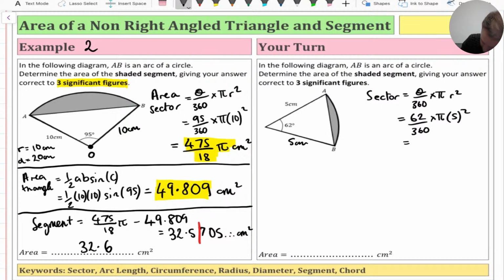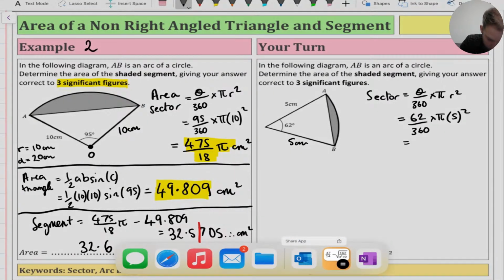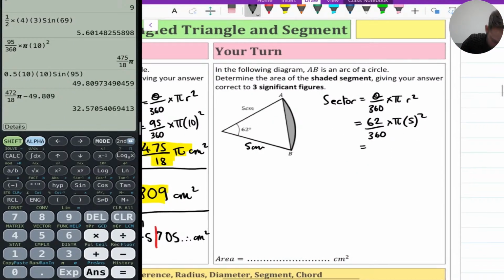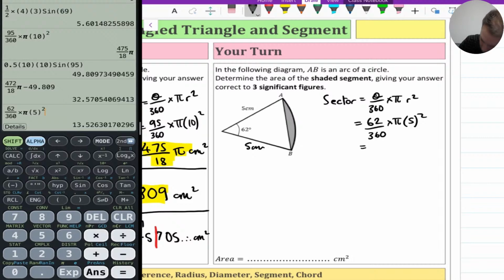Let's just quickly work out what that is. So 62 over 360 times pi times 5 squared is equal to 13.526 continued on.